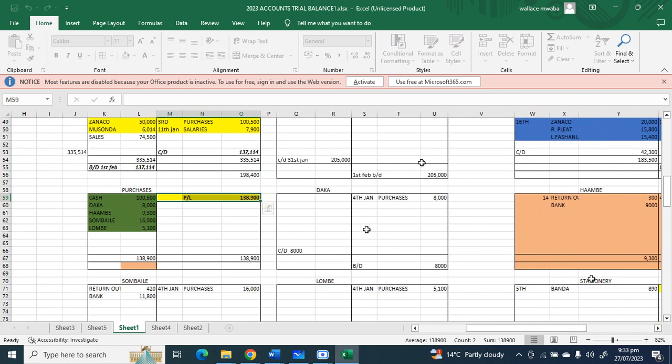I just first wanted you to understand how you close the accounts. Are we okay with closing T accounts? Are there any questions on closing T accounts? Okay.